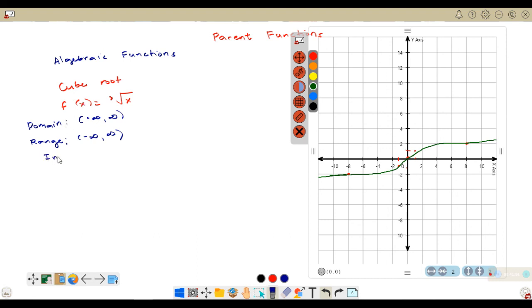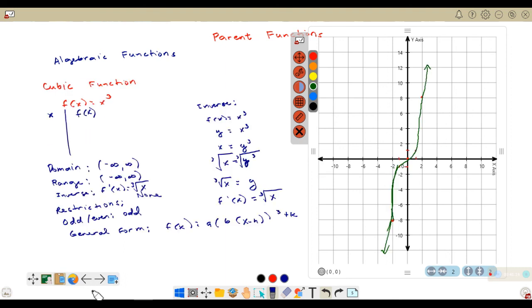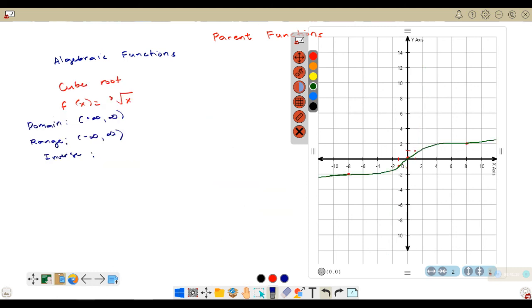Now, let's look at the inverse. So, na-compute na natin kanina, the inverse of a cubic function is the cube root function. So, obviously, the cube root function's inverse is the cubic function. So, our inverse is x cubed.